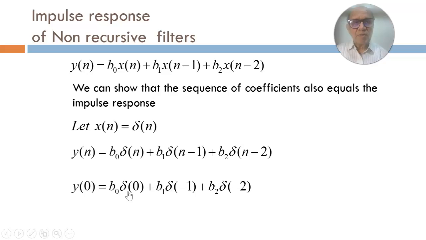If you remember the property of the digital unit impulse, you will find that it has a unit value at n equal to 0, and for all other values of n it is 0. That means this will be 0 and this will be 0. So in that case, delta[0] is 1, and this will tell you that y[0] is equal to b0 itself. So the first value of the output corresponds to the first value of the coefficient when the input is a unit impulse.